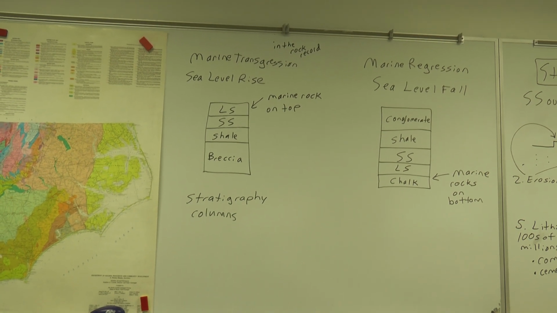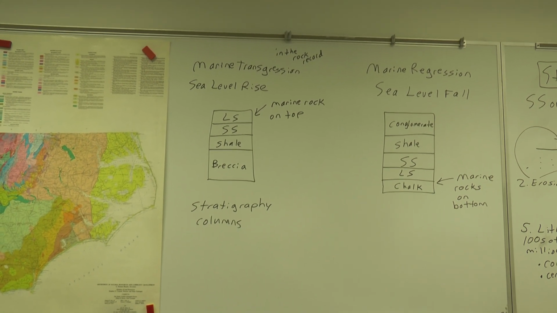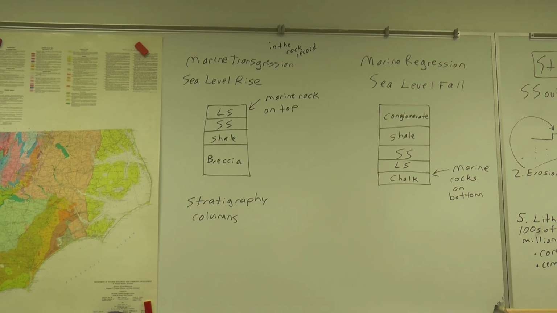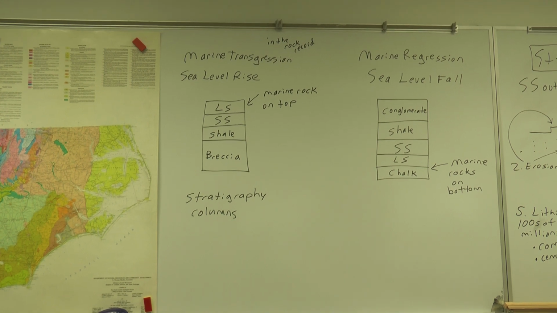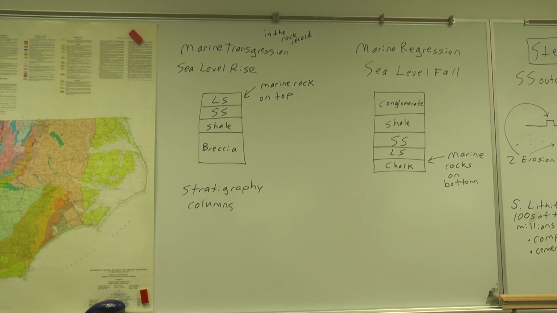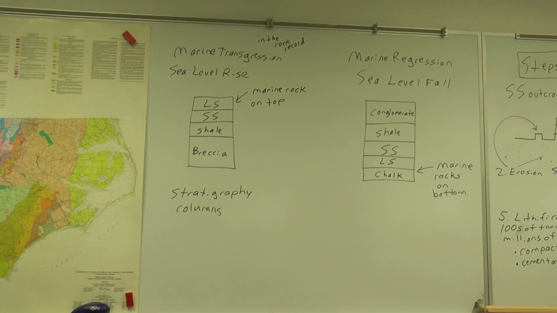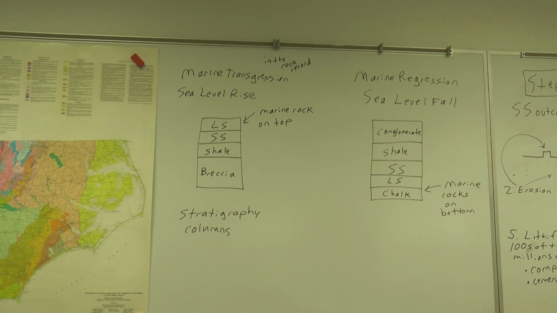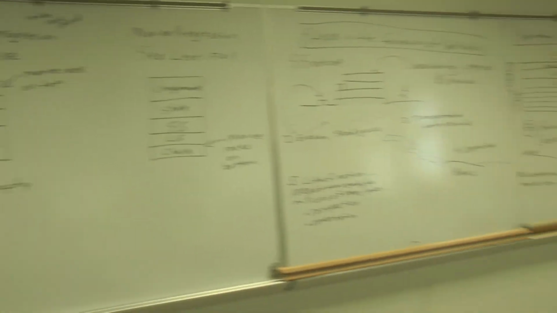Breccia is a poorly sorted rock where the large grains are angular, and it basically forms in the mountains or close to the mountains, coming down the mountainside. What's important here in this stratigraphy column on the left is that the marine rock, the limestone, is on top. So that's a transgression.